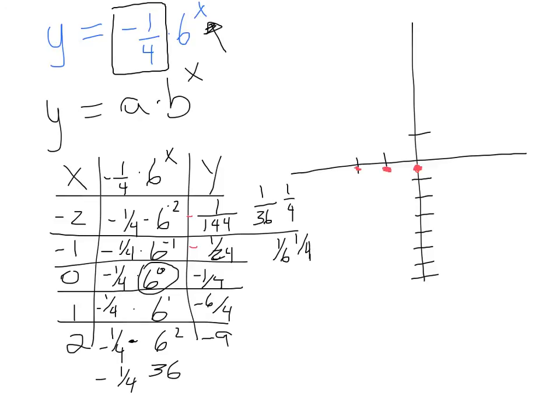And remember, this one's negative as well. We've got 6 over 4, which is 3 over 2, which is 1.5. So when the x value is 1, the y value is -1/2. And when the x value is 2, the y value is all the way back down to 9, so somewhere down in here.